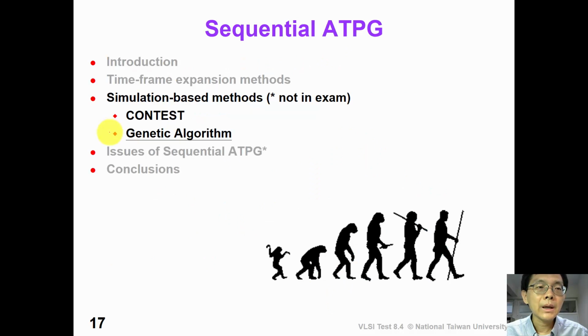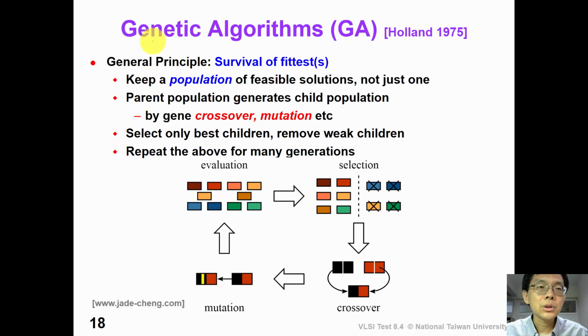In the following slides, we will introduce the genetic algorithm, which is very useful to optimize our test vector generation. The genetic algorithm was proposed in 1975. The general principle is similar to the rule of evolution, that is, the survival of the fittest. In a genetic algorithm, we keep a population of feasible solutions.